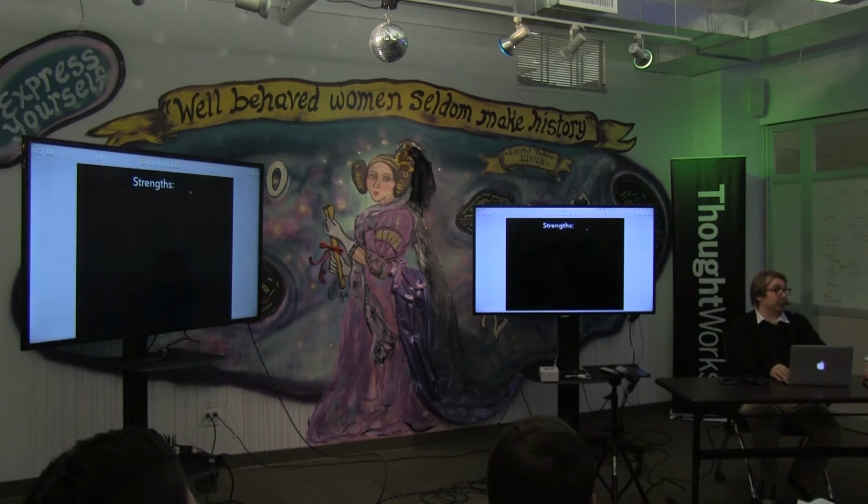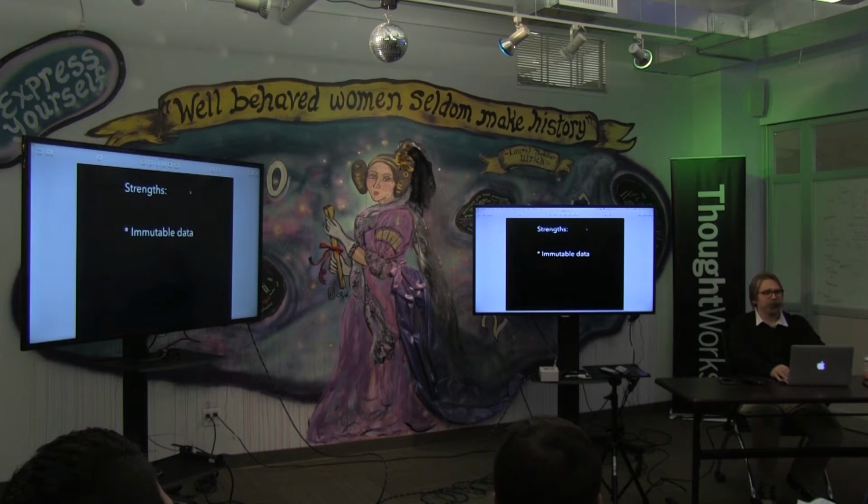So what is the strength of componentization? Immutable data. Who knows what immutable means? Can't be changed. That sounds awful. Why would I want something that doesn't change? Security. Sure. Also a hassle, right?